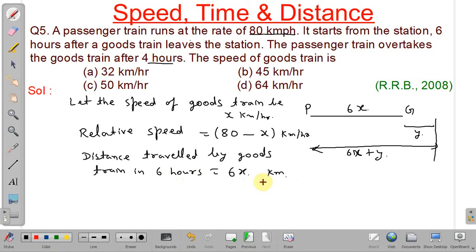Now this must be equal to the distance covered by the passenger train in 4 hours at relative speed.